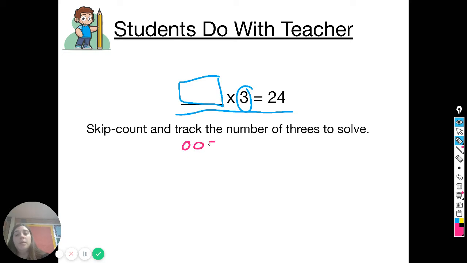1, 2, 3, and I'm going to write my 3 so I don't lose track.